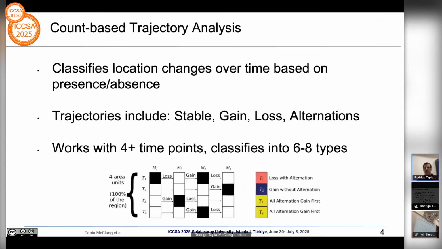So trajectory analysis is useful in classifying locations that change over time and that have either presence or absence. So they exist or they don't exist. In the figure at the bottom, we can see a schematic diagram of how this works.